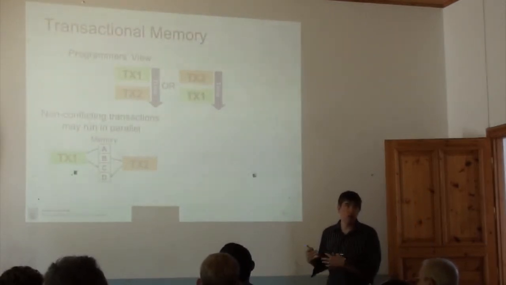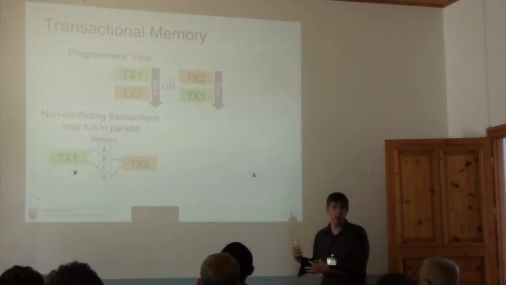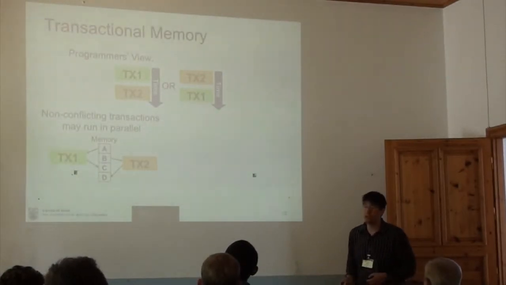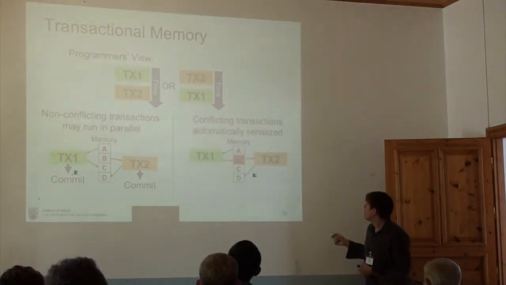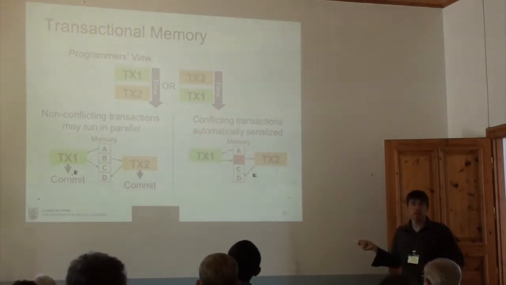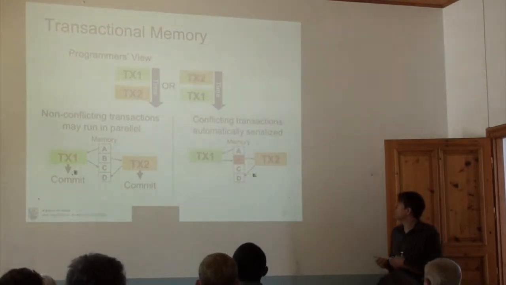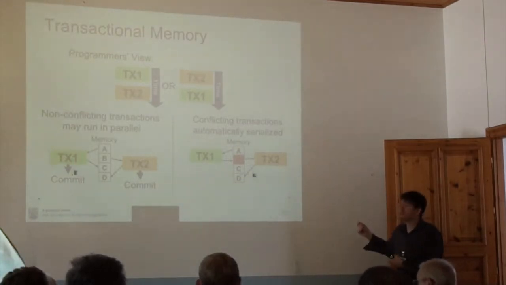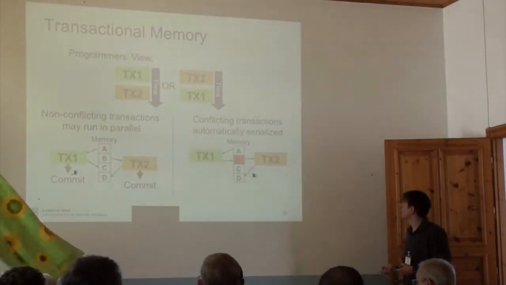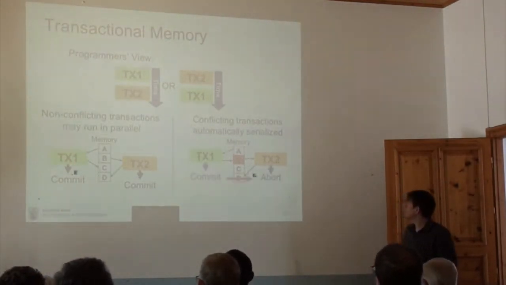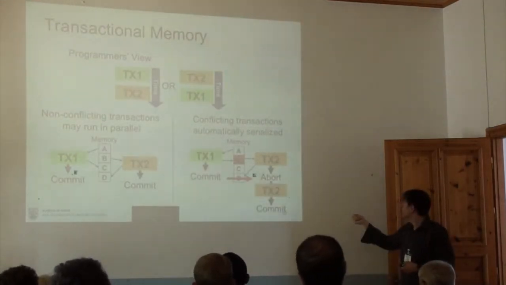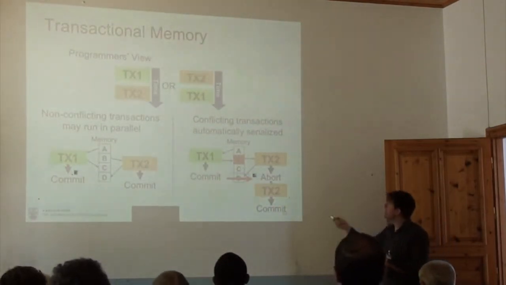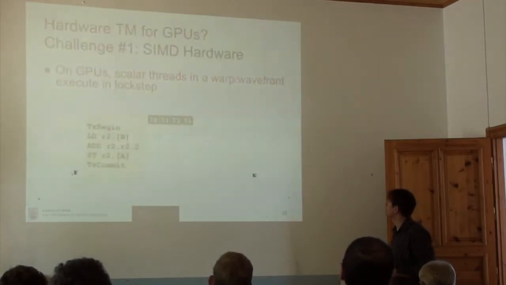As long as there's no conflict between the memory addresses being accessed, that works well. The problem is where one transaction is writing to a location and the other is reading that location, and then there's a potential that transaction 2 is going to compute the wrong thing. If you can detect that situation, one solution is to abort transaction 2 and rerun it later. That again maintains the abstraction the programmer is interested in.